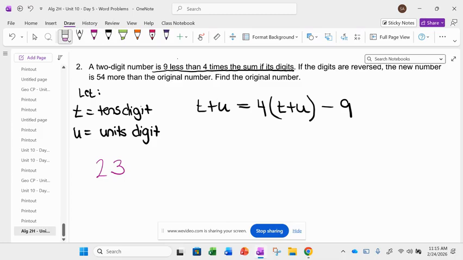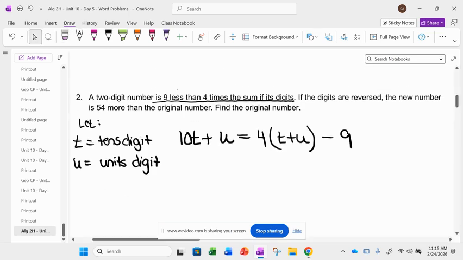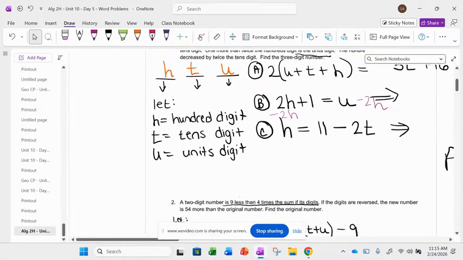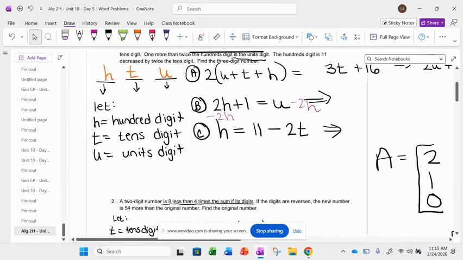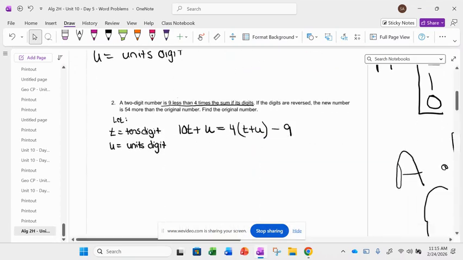So the value of my number is going to be 10 times the tens digit plus the units digit. Does that make sense? Okay. How come before in the above problem I didn't do that? They were just talking about the digits. They weren't talking about the value of the number. They were just comparing its digits to each other.